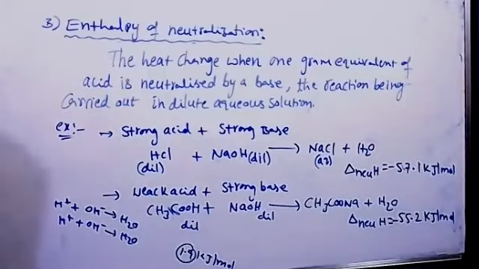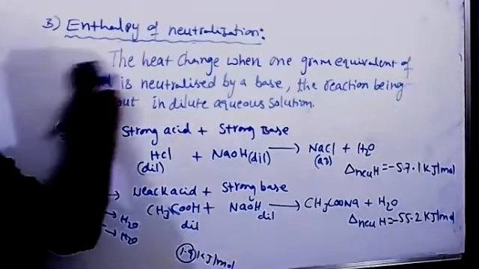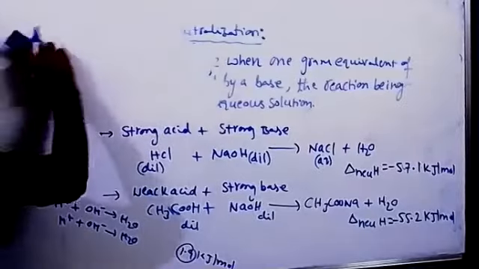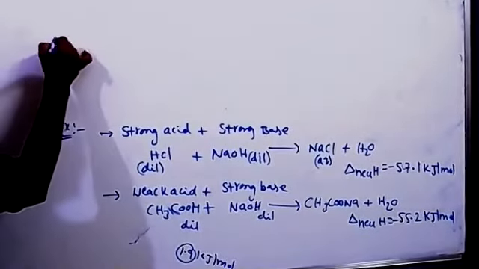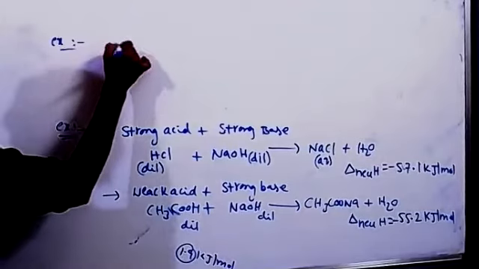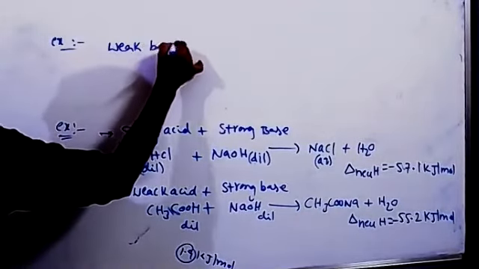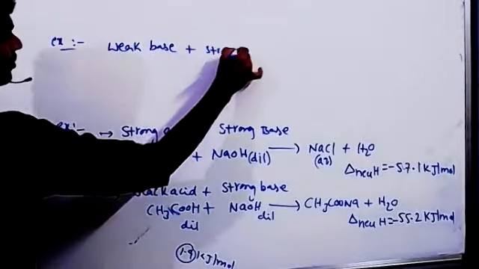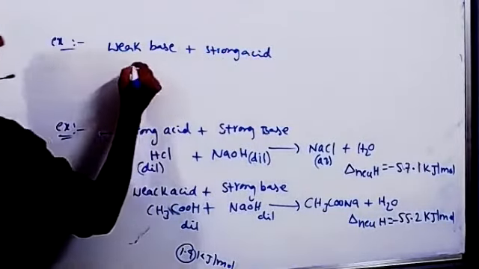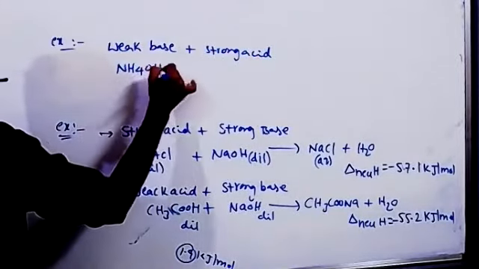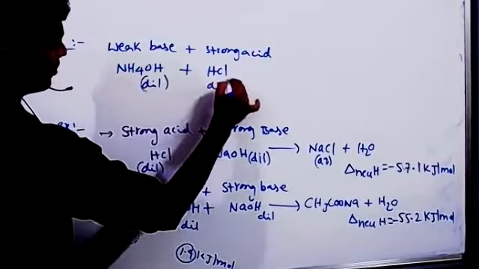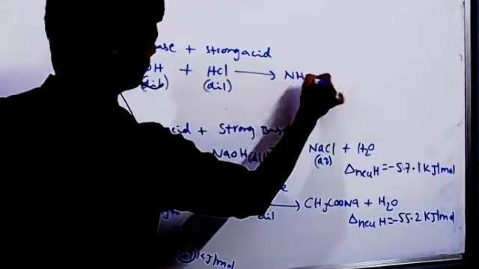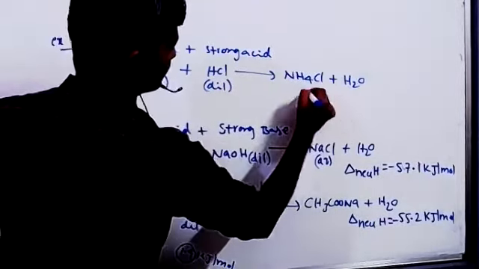Okay, now neutralization between a weak base and a strong acid. The weak base is ammonium hydroxide, the strong acid is HCl, giving ammonium chloride and H2O.